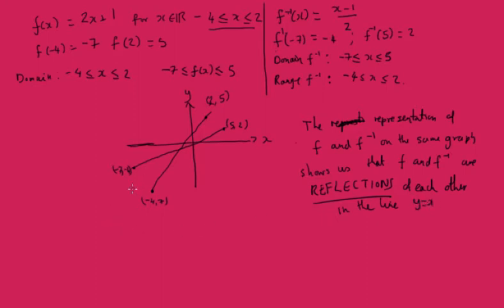So if we were to take y equals x, here's y equals x. This is a line of reflection for the function and its inverse. And this is true for all one-to-one functions. So every time you've got a one-to-one function, you will find the function and its inverse are reflections through this line y equals x.